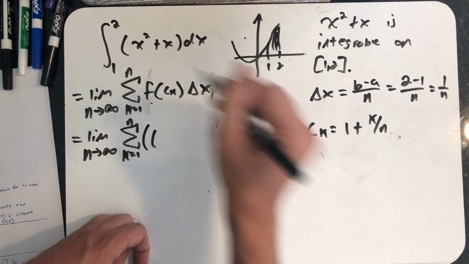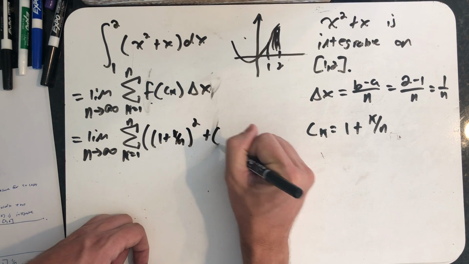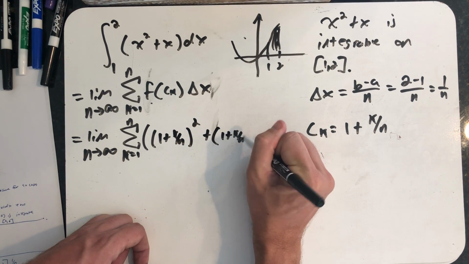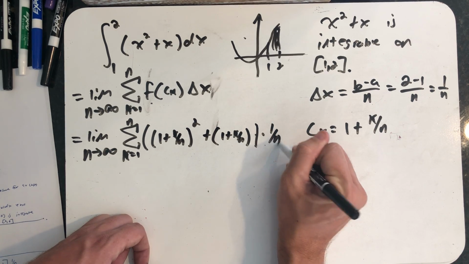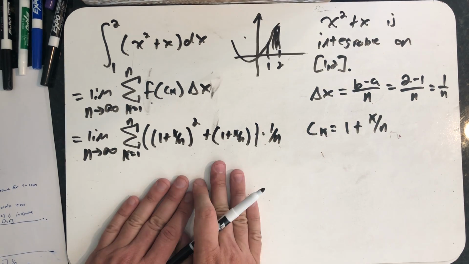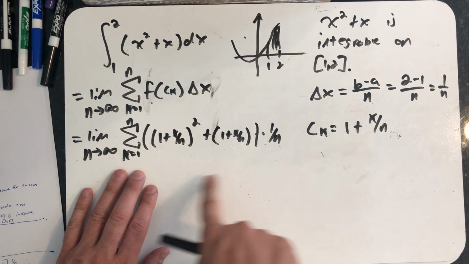All right, so this goes in for x. Times delta x. Okay, so I need to simplify this sum, and then I need to take a limit. I think I'm going to leave this right here and just work on the sum on some scratch paper.